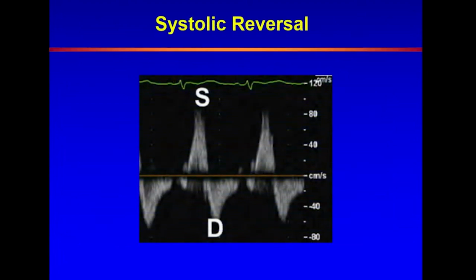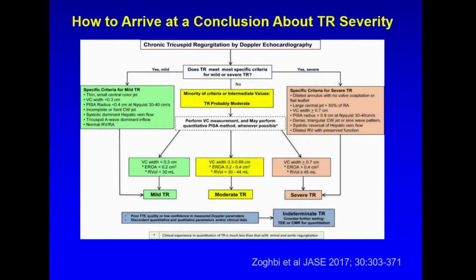We talked about hepatic vein flow and systolic reversal, similar to the concept of systolic reversal in the pulmonary veins. Whether you get systolic reversal or not depends, yes, on the tricuspid regurg volume, but also depends on RA pressure and stiffness, on RV systolic properties, on the pressure in the right atrium, and the phase of respiration as well.